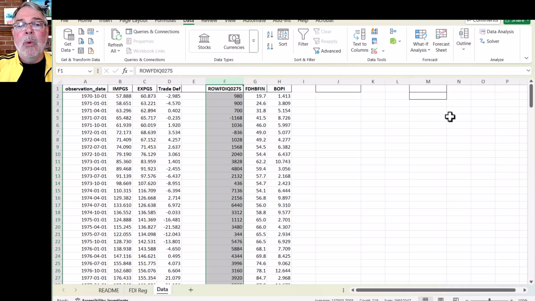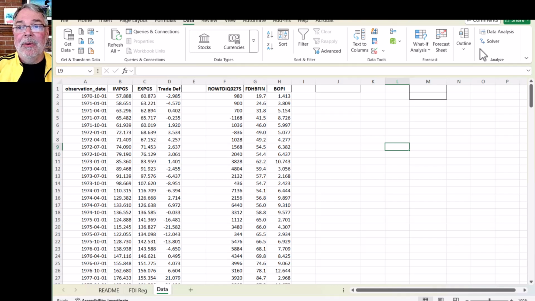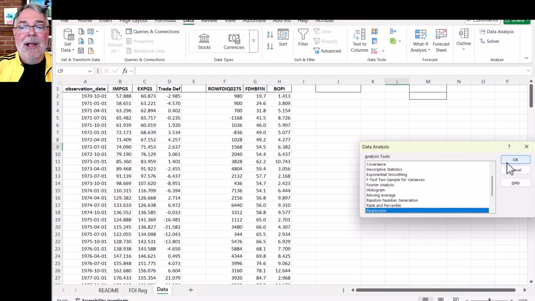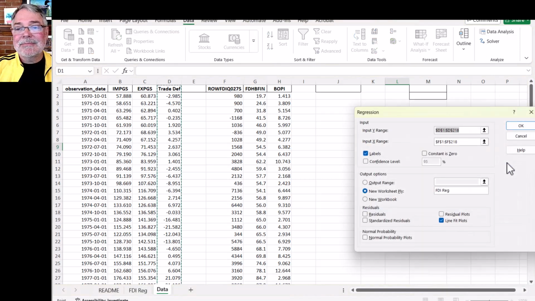So what we want to do is see the effect of both of these things, right? And so we're going to do a multivariate regression. Really simple to do, though. We go into data analysis, hit regression. Now, I have all the stuff I had before, so the input range for y, the dependent variable, is not changing, but the independent variables are going to change.